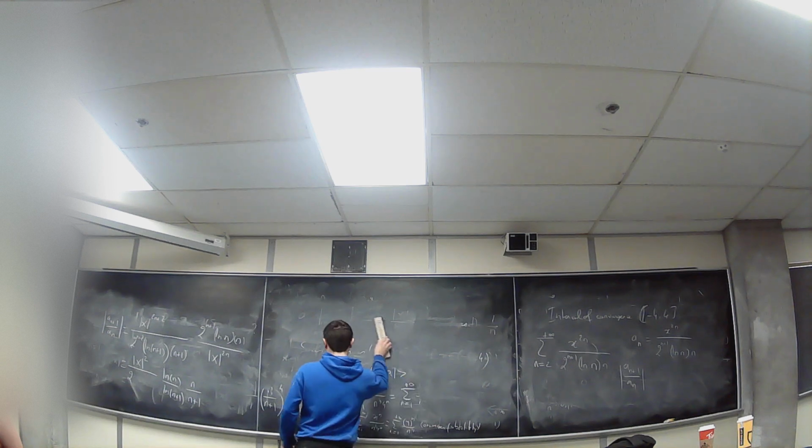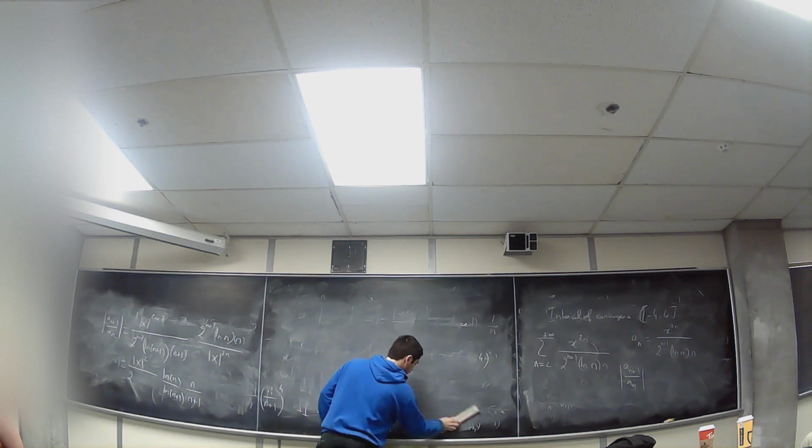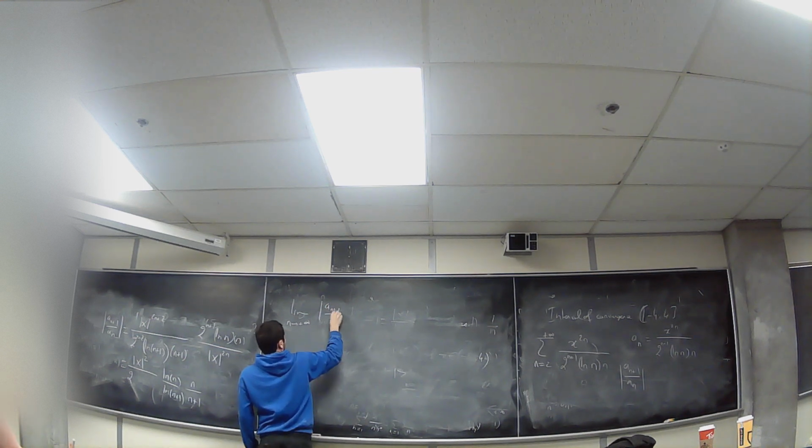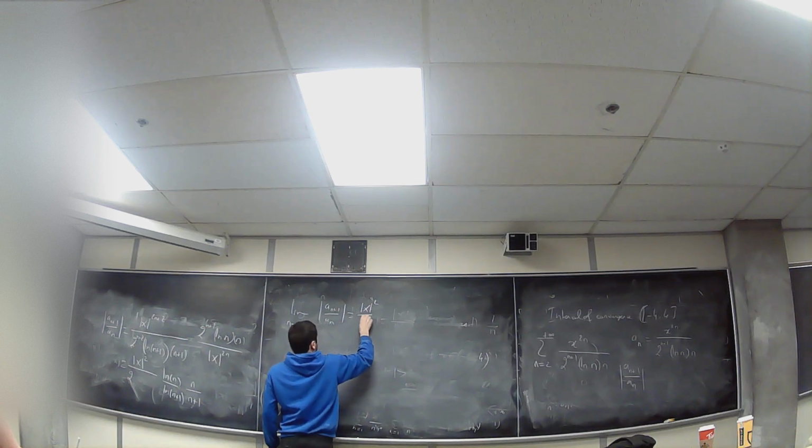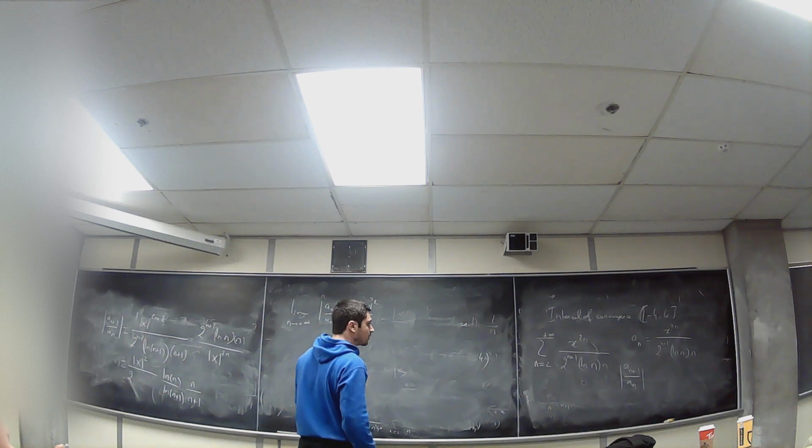Of course, you have to check that the form is infinity over infinity. The limit is x squared over 2, and I should have picked a 4, but that's not a problem.